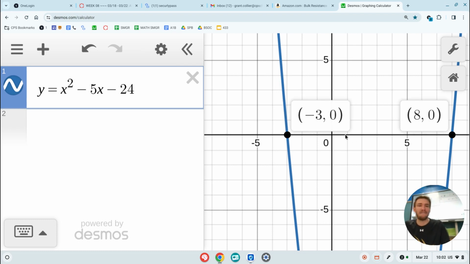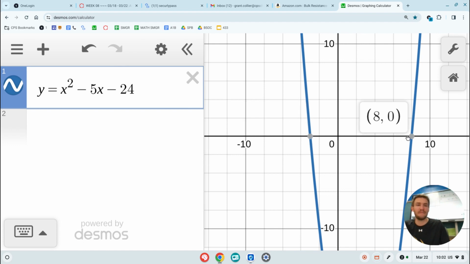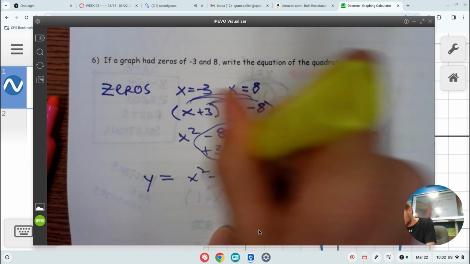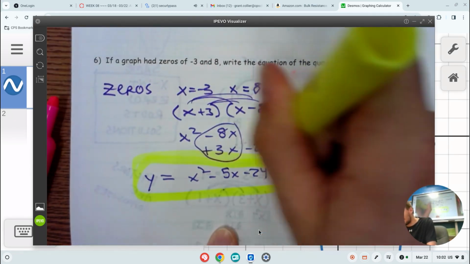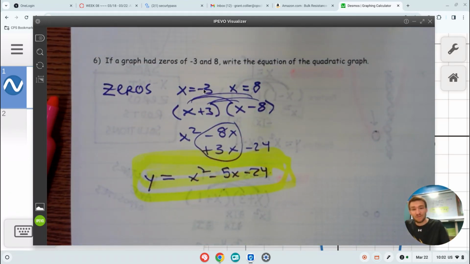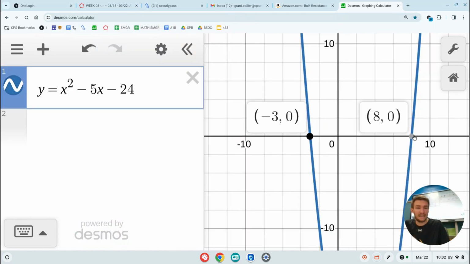This is a graph with zeros at -3 and positive 8. That also means an easy way to check your answers is just type your answer into Desmos, and you should be crossing at -3 and 8. We are crossing at -3 and 8, so we are happy.